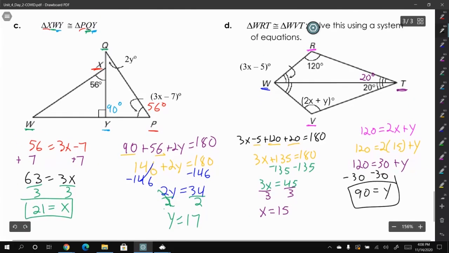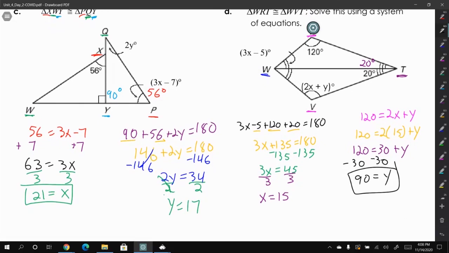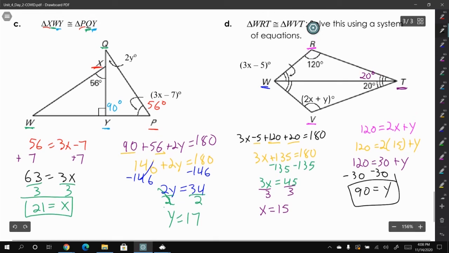And then the one on the right, I first had to find x because I have one angle that has x and y in it. So I looked at that top triangle. Angle T was congruent in both triangles. It had the same number of markings. So in the top triangle, I did 3x minus 5 plus 120 plus 20 equals 180, because all angles in a triangle add up to 180.